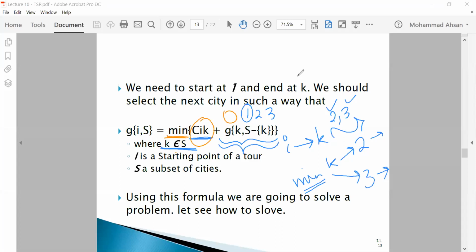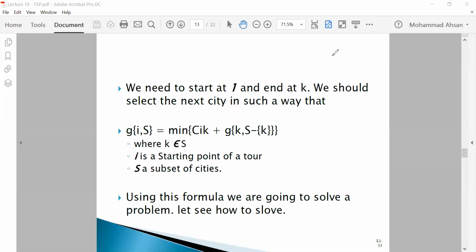We'll see that in a while, so it'll be more clear. So what this equation is, just understand, once you select a vertex k out of the intermediate vertices available to you in S, you have to add the cost from I to k, and then from k running through all the rest of the intermediate vertices left and moving on.